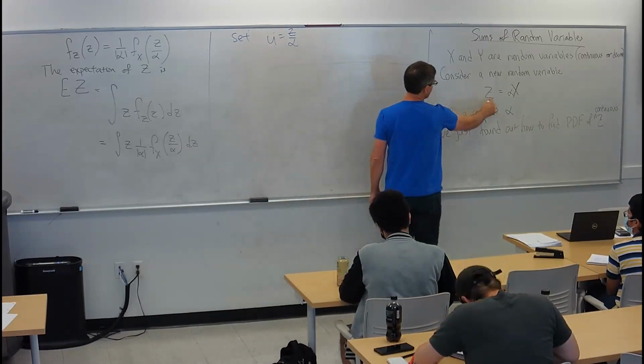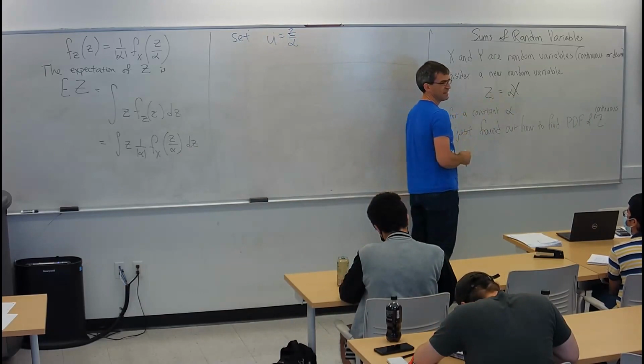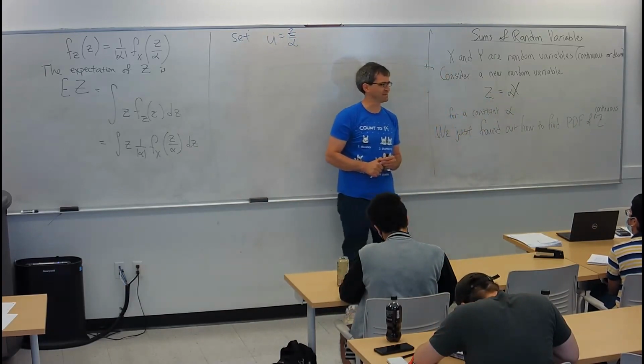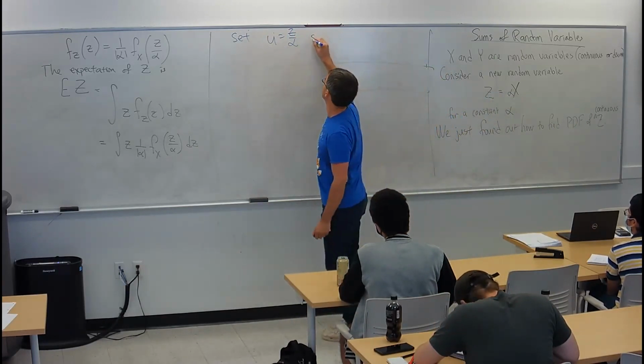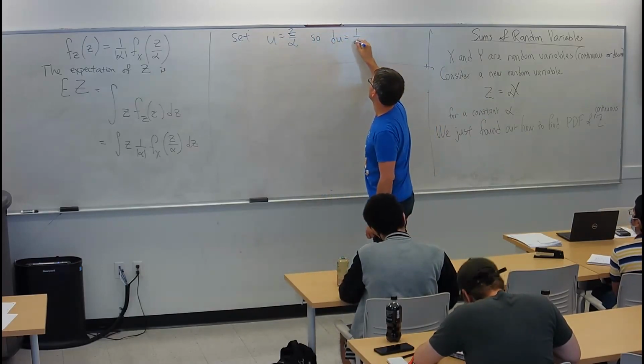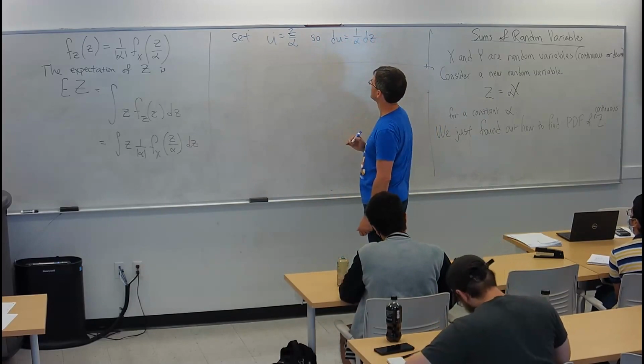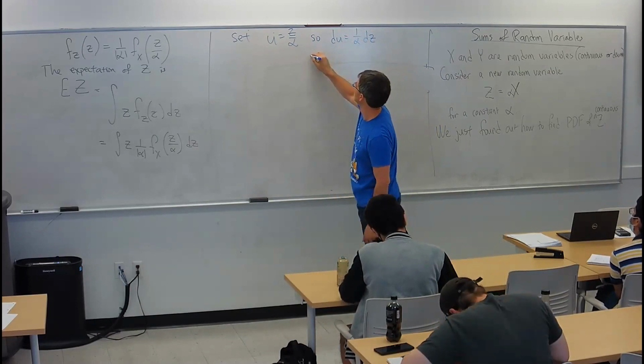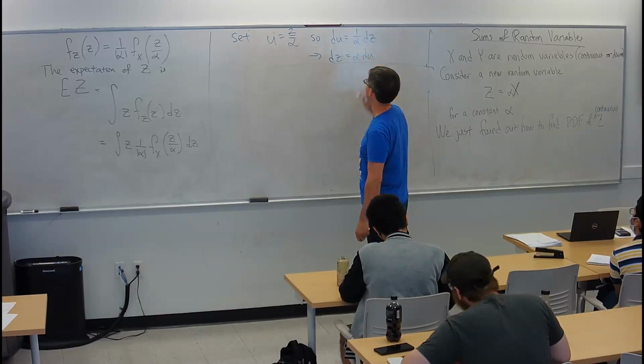Which if you look back here, z over alpha, well, that's actually x. So that's actually like an x substitution. So du would be 1 over alpha dz, which means dz is alpha du.